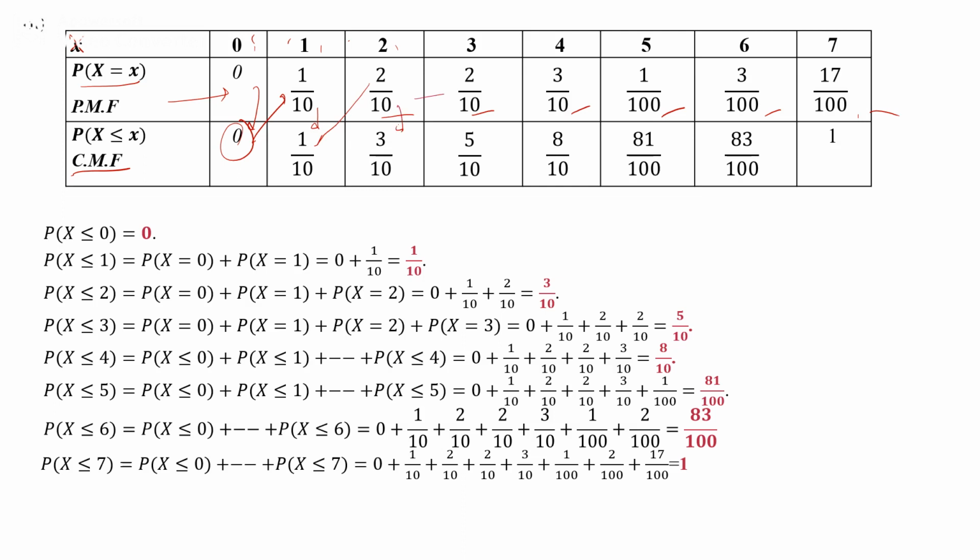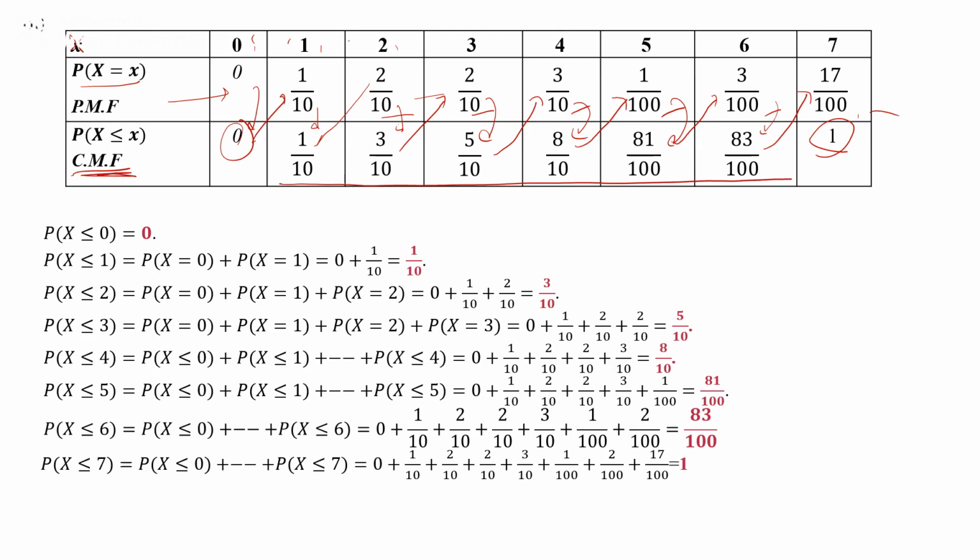Now add 3 by 10 plus 2 by 10, we get 5 by 10. Now 5 by 10 plus 3 by 10, we get 8 by 10. Then 8 by 10 plus 1 by 100, we get 81 by 100. Now 81 by 100 plus 3 by 100, we get 83 by 100. And 83 by 100 plus 17 by 100, we get 1. So these are cumulative mass frequency.